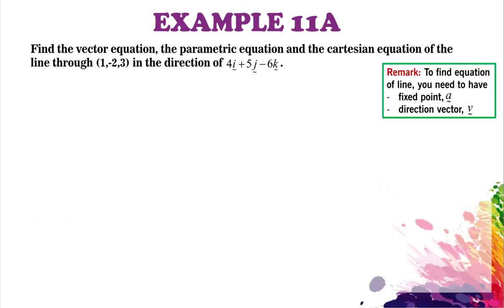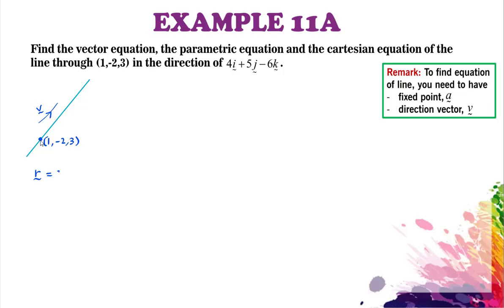So let's try a few examples. Example 11a. Find the vector equation, parametric equation, and Cartesian equation of the line through a coordinate in the direction 4i plus 5j minus 6k. Let's draw a line first, and then we put a point on the line, and we have the direction 4i plus 5j minus 6k.